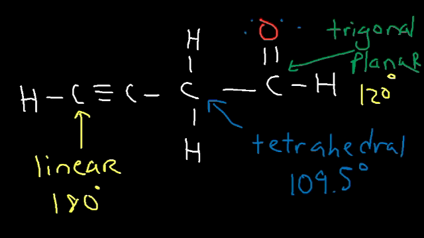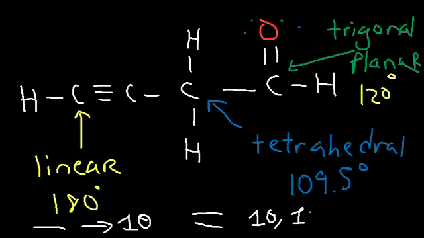Now, how many sigma and pi bonds are in this molecule? Now, keep in mind, a single bond is basically one sigma bond. A double bond contains a sigma and a pi bond. And a triple bond contains one sigma and two pi bonds. So every bond contains one sigma bond.